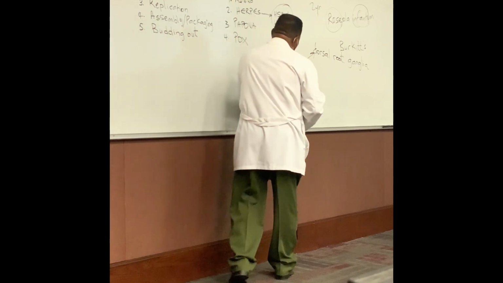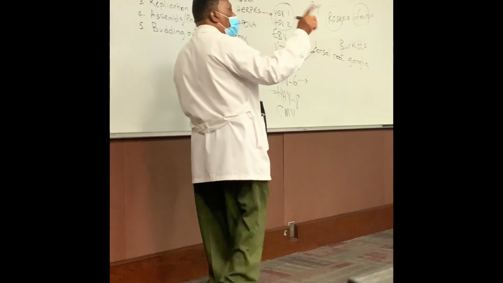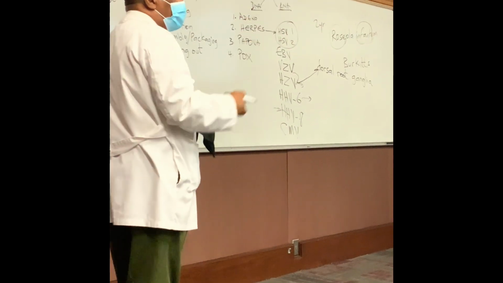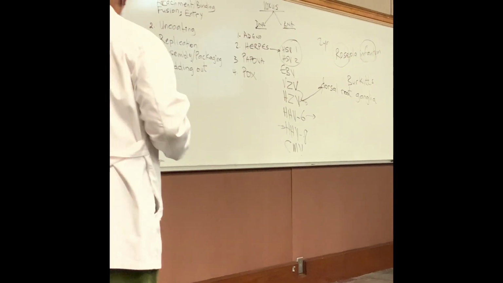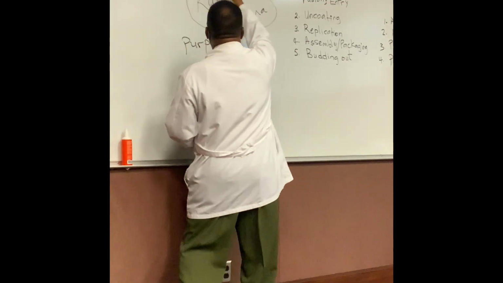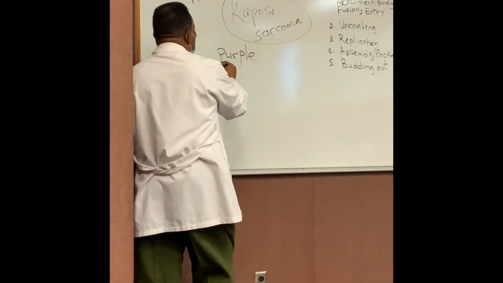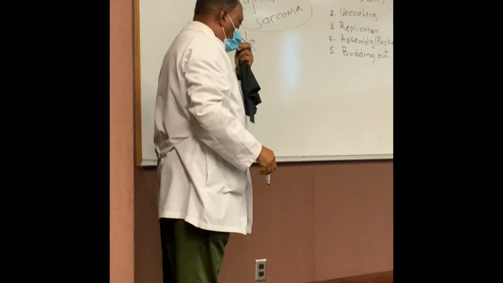For HHV8, you said they will have a purplish color? What they will get will be Kaposi sarcoma. The description of that Kaposi sarcoma is a purplish discoloration of the skin.